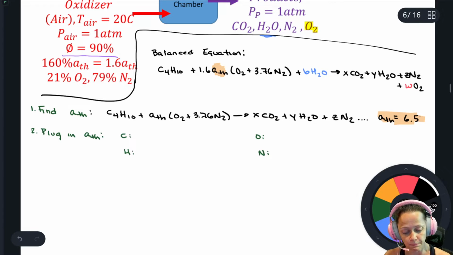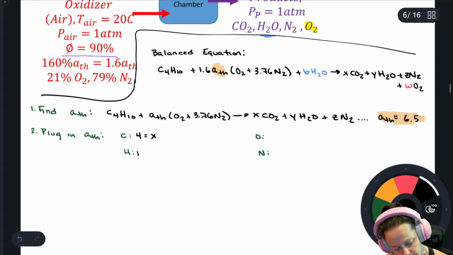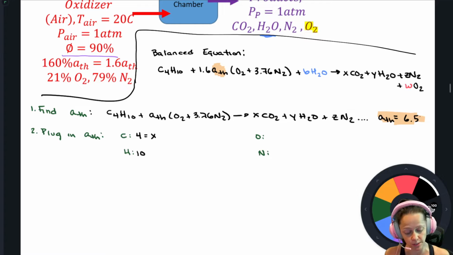So for the carbon, on the left-hand side, I have 4. On the right-hand side, I have X. That was easy. Let's do it for the hydrogen. So for the hydrogen, I have 10, but then I've also got the little blue BH2O that I got to deal with. So let's not forget him.